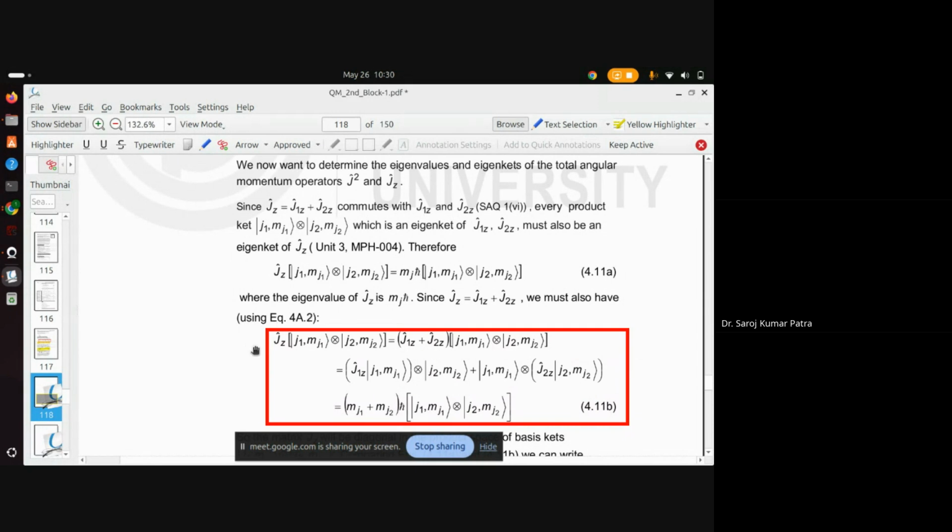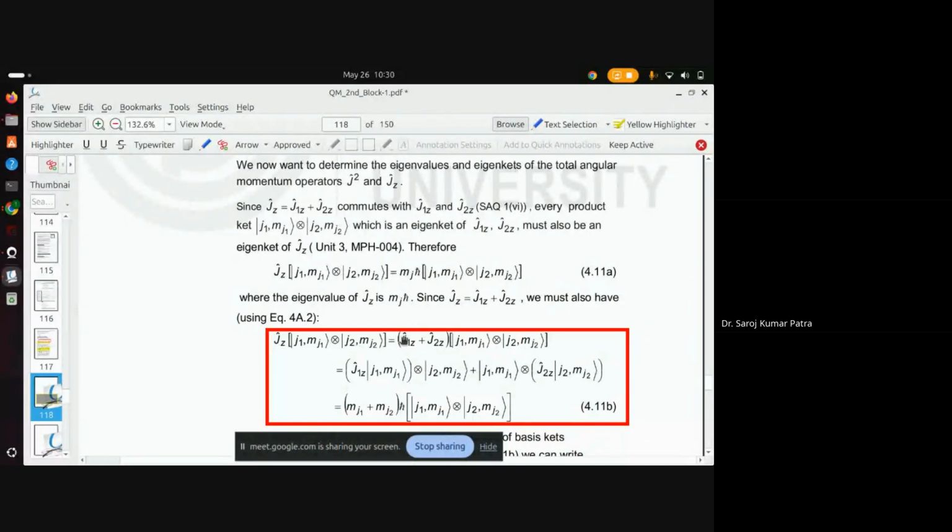Let me repeat, because this is very important, what exactly we are talking. If we want to find out the Z component of the total angular momentum, then the Z component of the total angular momentum will be the Z component of the angular momentum of the first particle plus the Z component of the angular momentum of the second particle. But our state vector is basically the outer product of the state vector of the first particle with the state vector of the second particle.